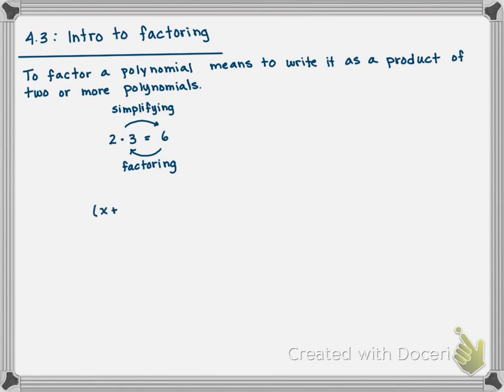Last night, you maybe had problems like this, and you were told to simplify, in which case you distributed, combined like terms and ended up with something like this. So going from here to here, oh, that's way too close to the word factoring for my taste, is simplifying.